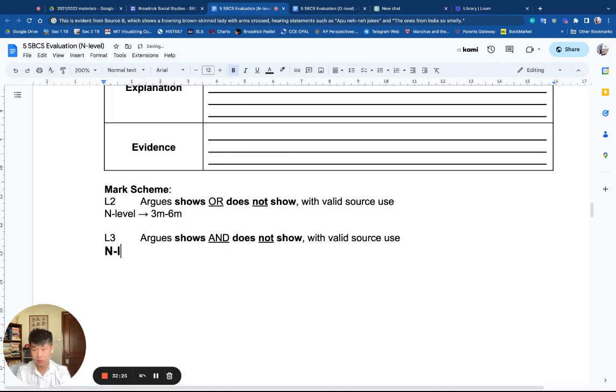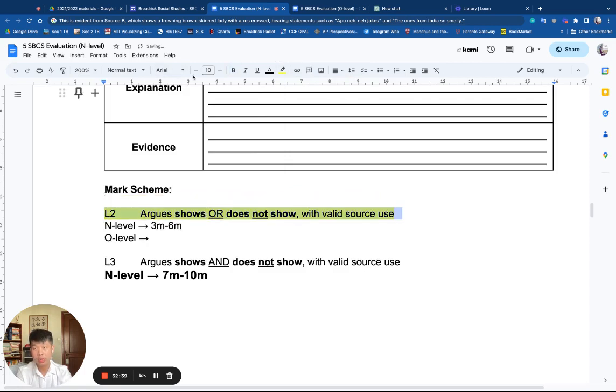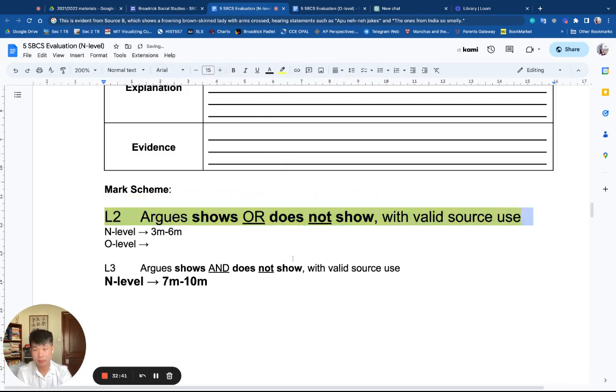For N level, this is 7 marks to 10 marks. For O level, L2 is a. So the levels for O and N level are the same.